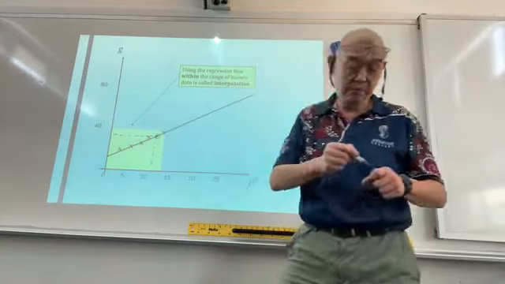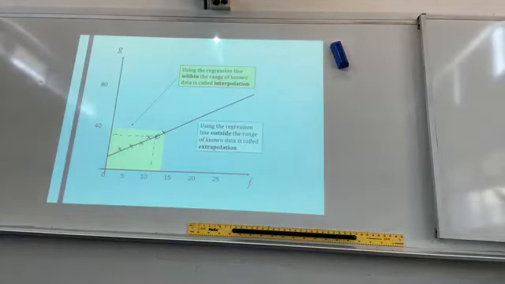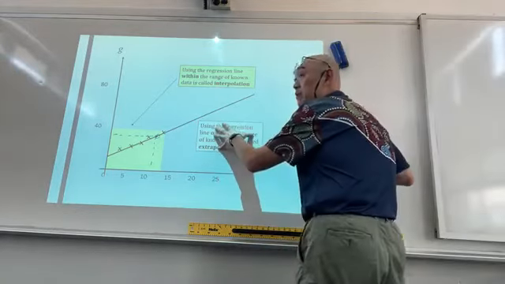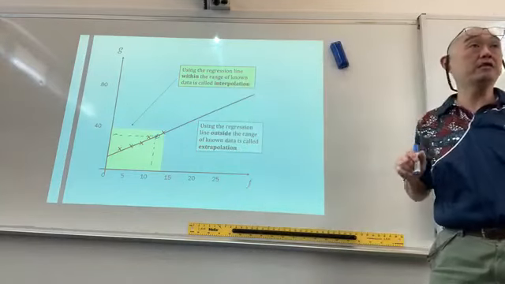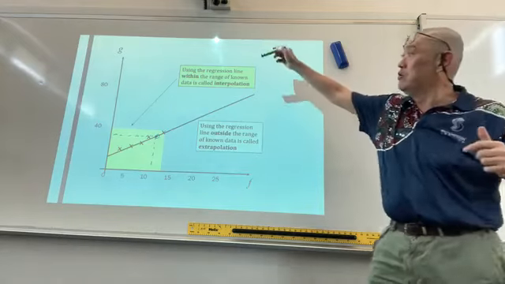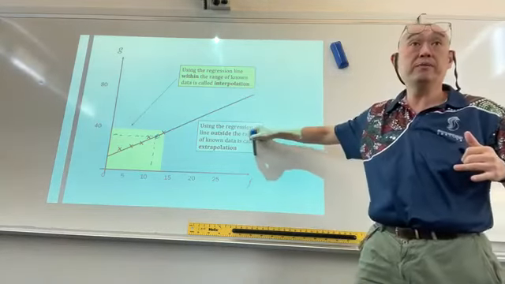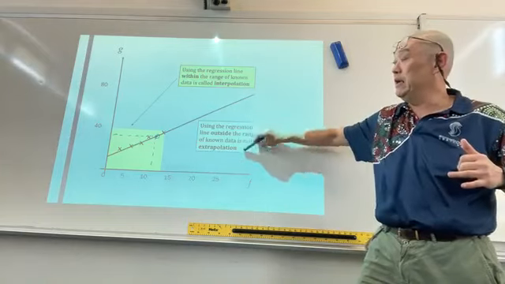All right? Now, the next bit is sometimes people use the regression line outside the range. That's called extrapolation. You need to know these two words. When you're asked to explain and say whether the prediction is reliable or not, you've got to say whether it's interpolated or extrapolated data. All right? That's very important.